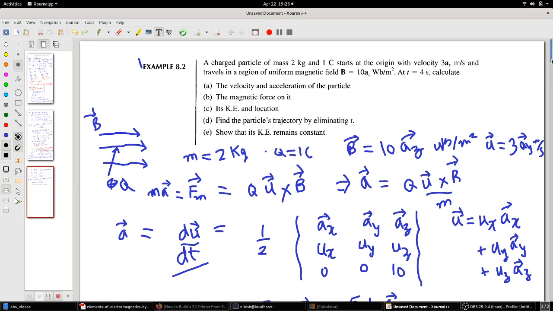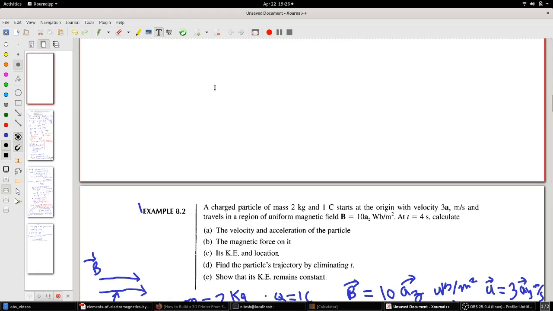So think about this. What is happening here is, this is the direction of your B. Initially, there is a charge which is moving in the y direction. So this is your y.